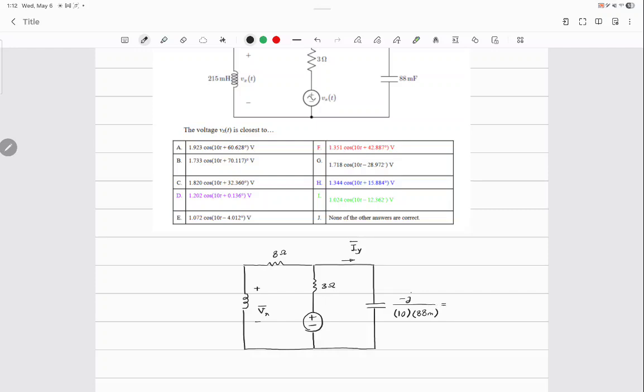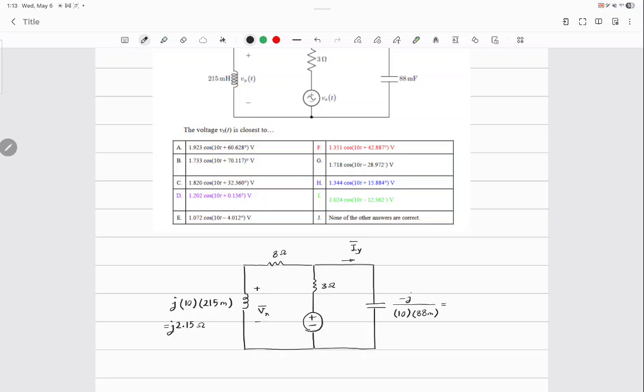Find the value for me, please. This one is j omega L, 250 milli, which is j2.5 ohms.